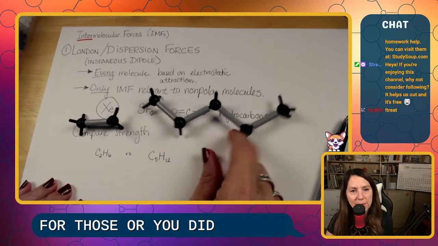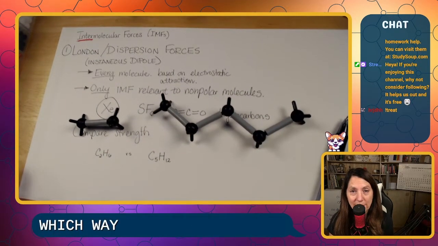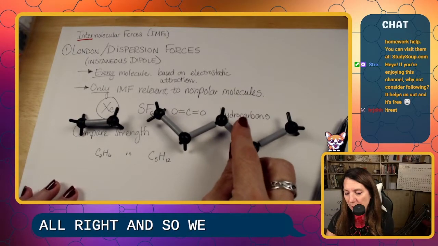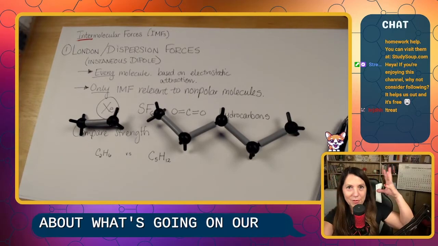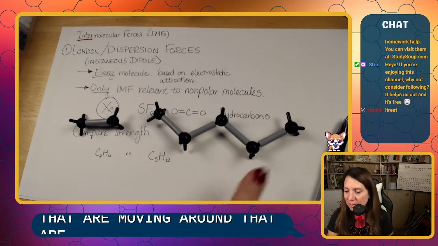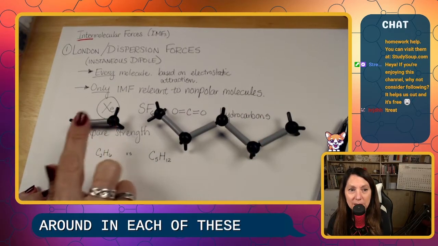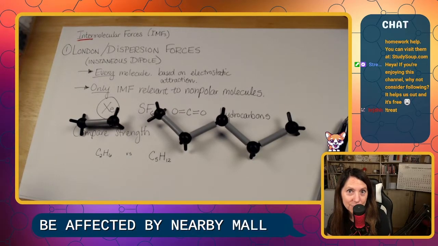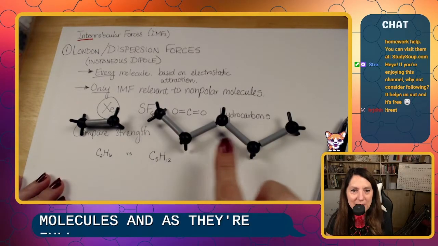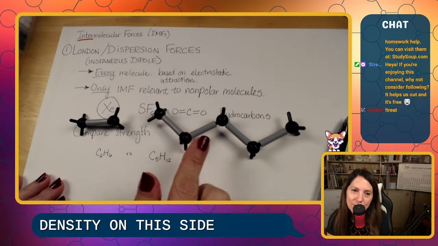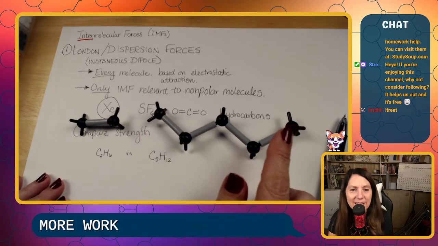Okay, so let's compare these and which one is going to have the stronger London forces. All right. And so we think about what's going on, our whole description of the beehive and the electrons that are constantly moving around in each of these molecules, and how they can be affected by nearby molecules. And as they're flowing around, sometimes you can have slightly more electron density on this side than there is over here, and slightly more electron density here than there is here.